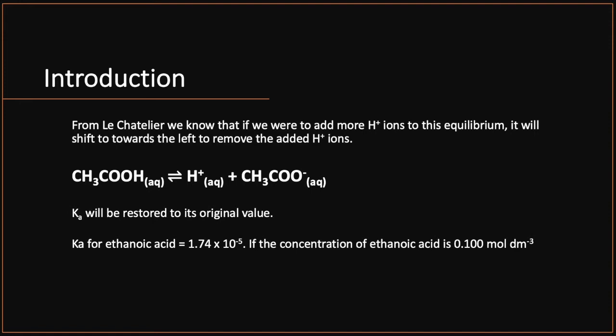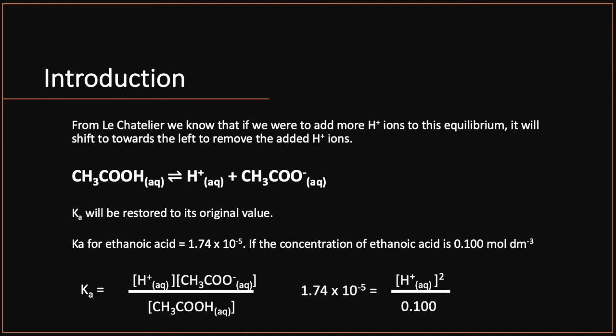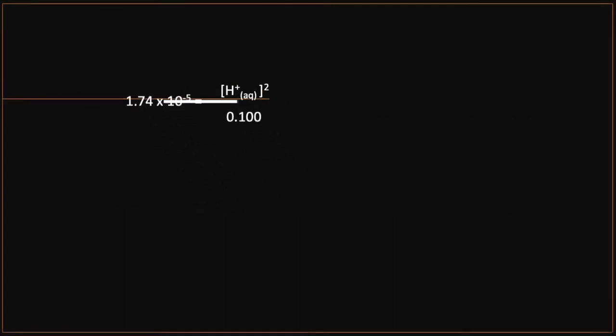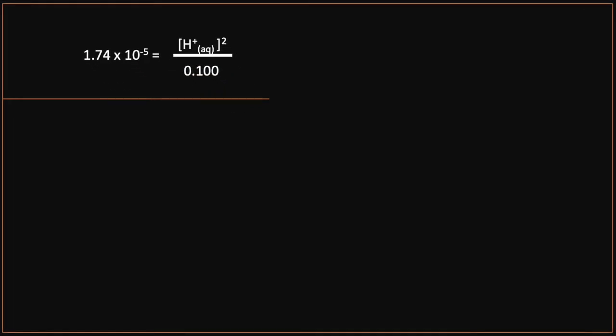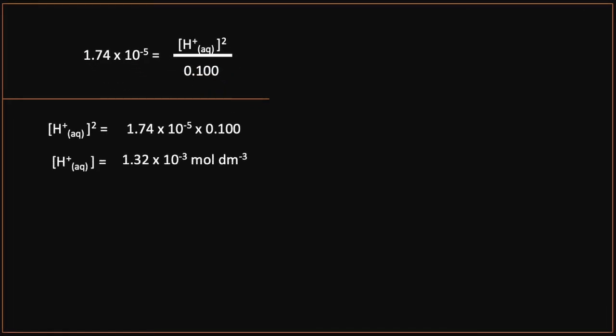That means the equilibrium is mainly towards the left-hand side. If the concentration of our ethanoic acid is 0.1 mole per decimeter cubed, and we substitute Ka in and work out the concentration of H plus ions, we only have 1.32 times 10 to the minus 3 moles per decimeter cubed of H plus ions, which is really very small.